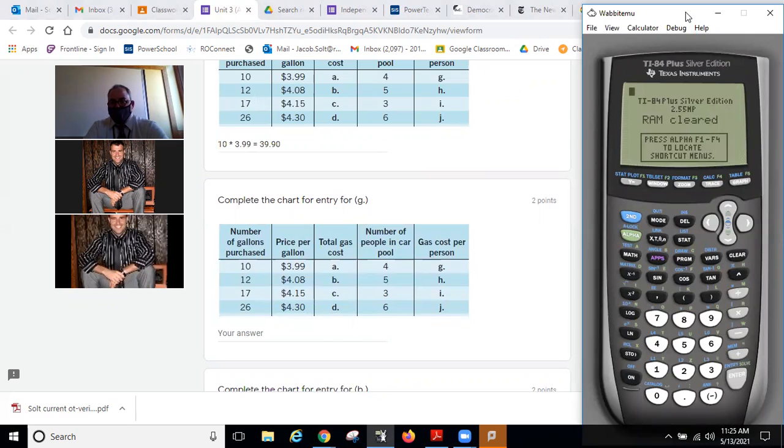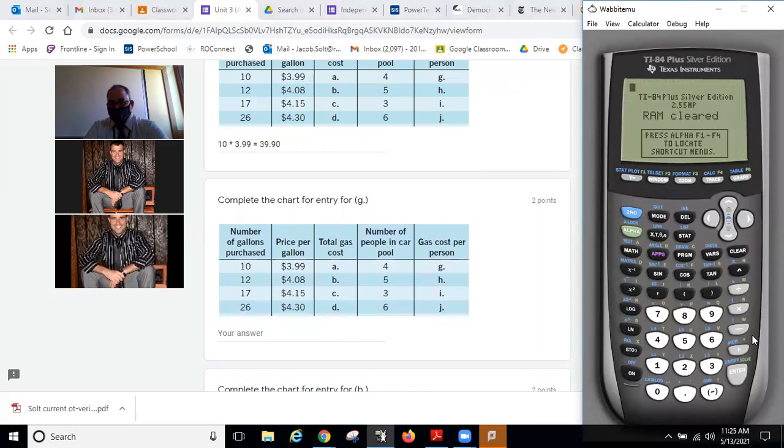My calculator's cleared. 10 gallons times $3.99 per gallon gives me $39.90. Good.